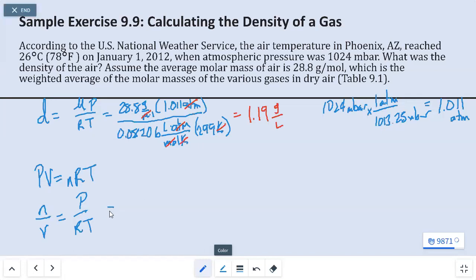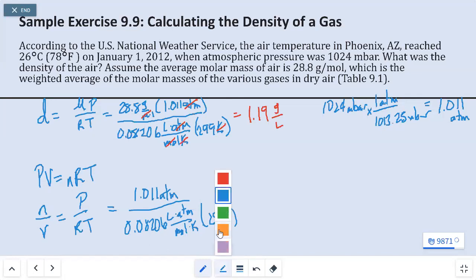So if I follow that same process, I still have the same pressure, 1.011 atmospheres. The R value is still the same, 0.08206 liter atmospheres per mole Kelvin. Temperature still 299 Kelvin. And if I do my crossing out, the atmospheres cancel, the Kelvin cancel.